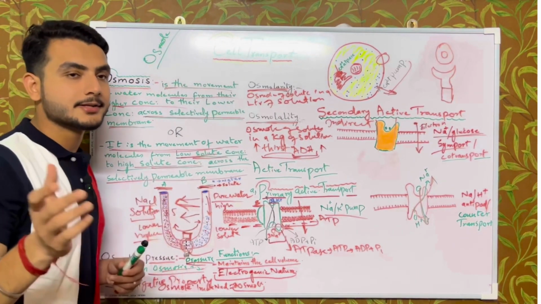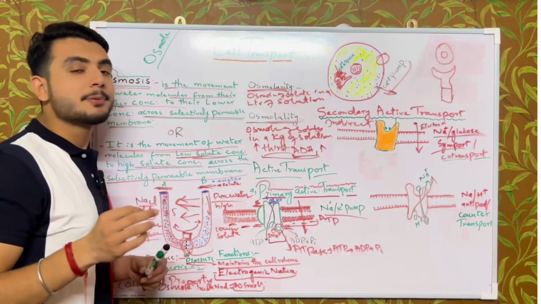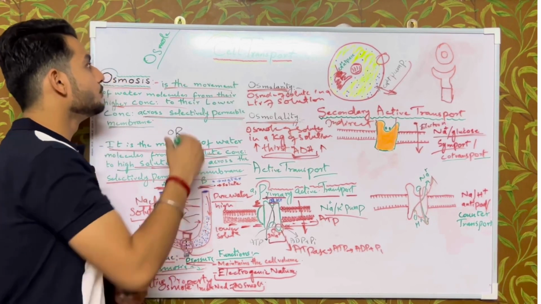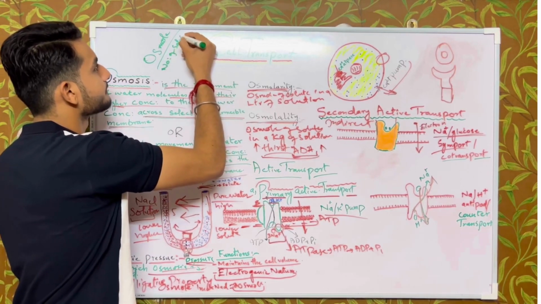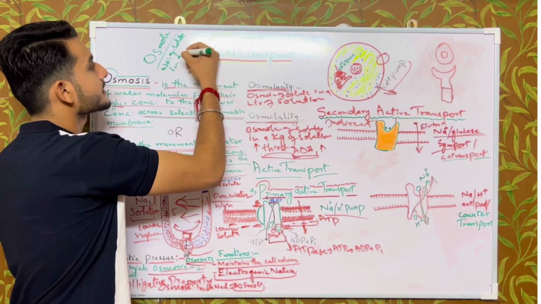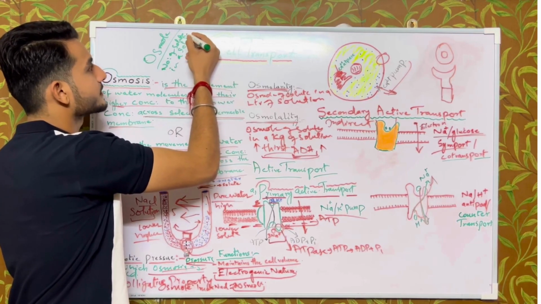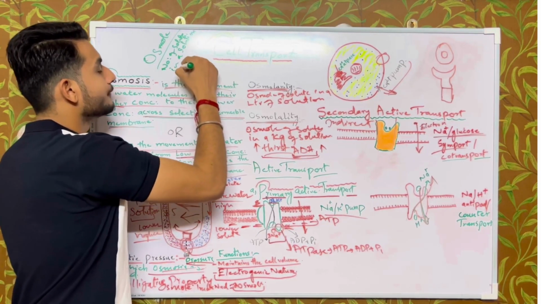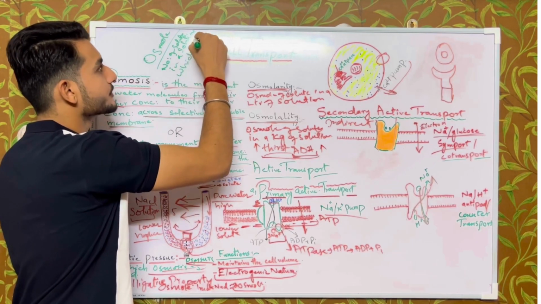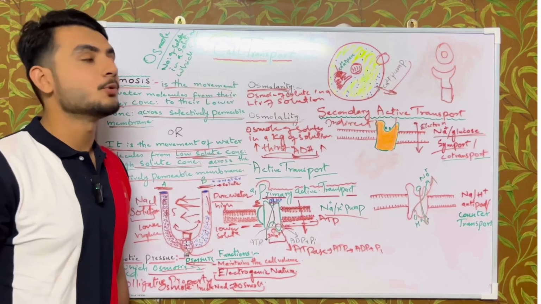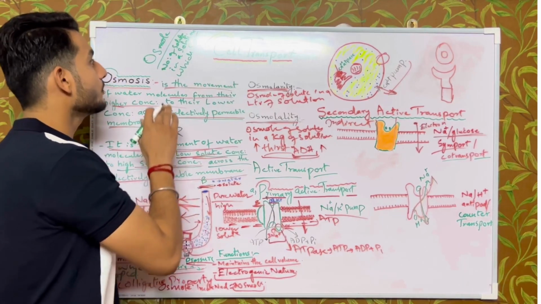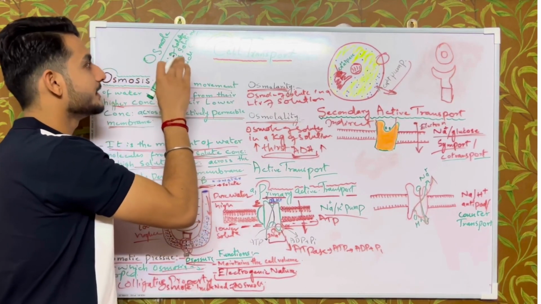Osmol is a measurement which expresses the number of solutes in a solution which contributes to its osmotic pressure. Okay, so this was the definition of osmol.